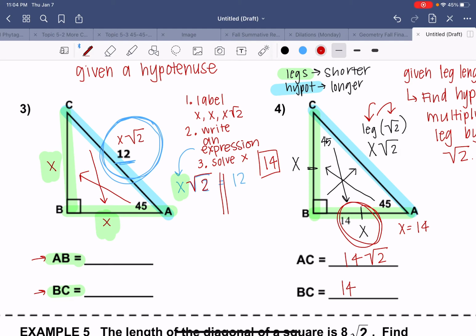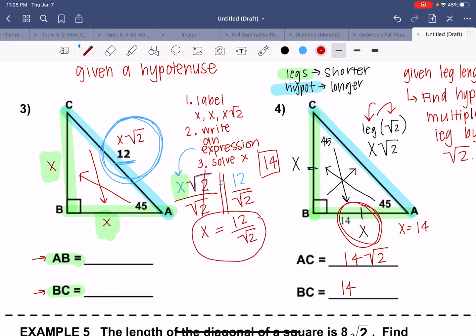Well, the opposite of multiplication is division. So we're going to divide by the square root of 2. It simplifies down to 1, or cancels out, as you would say, on the left-hand side, which is what we want because it gets x by itself. And it equals 12 divided by the square root of 2.